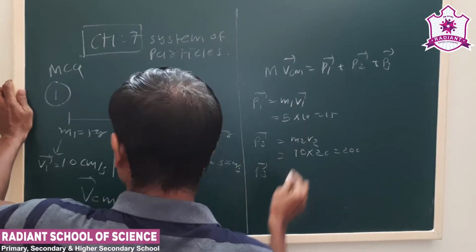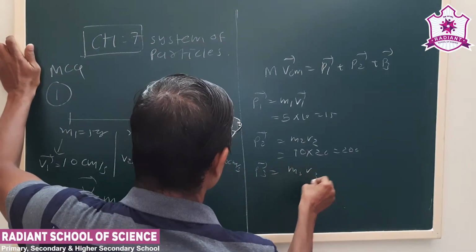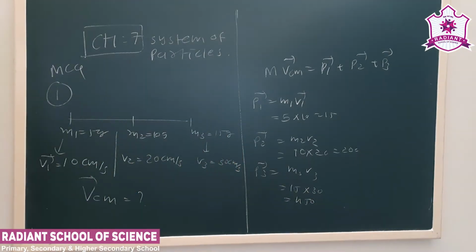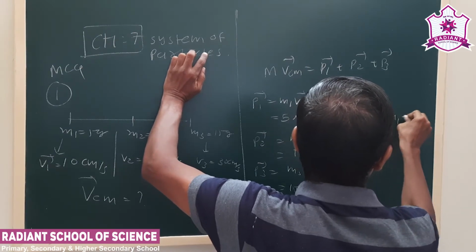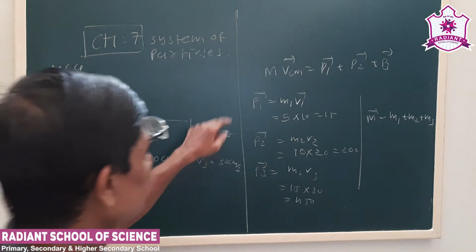P3 is M3 V3, 15 into 30. Now the total mass is M, that is M1 plus M2 plus M3, that is 5 plus 10 plus 15.